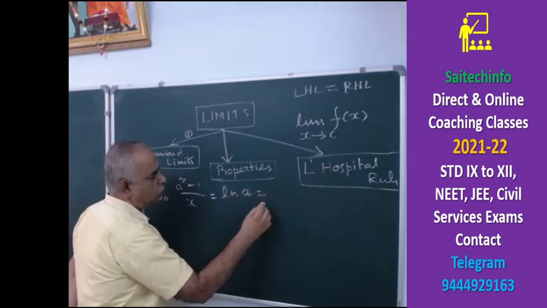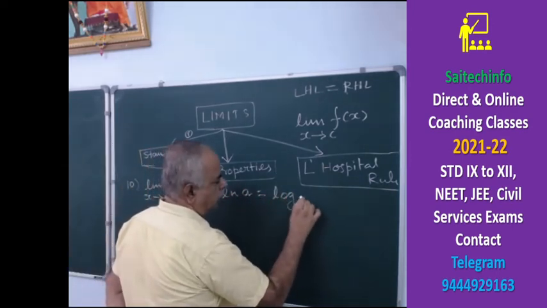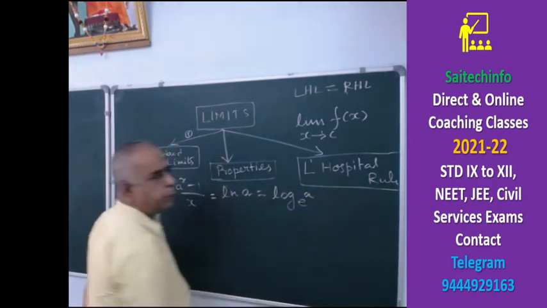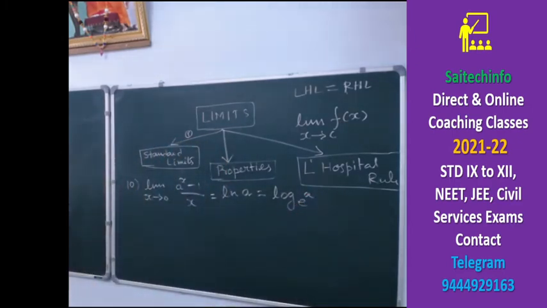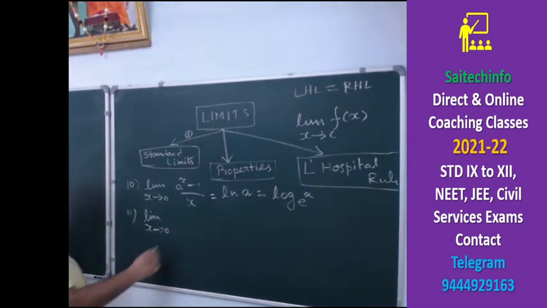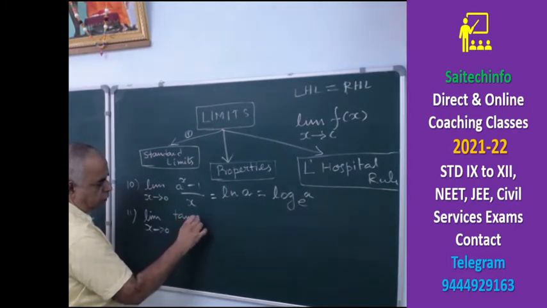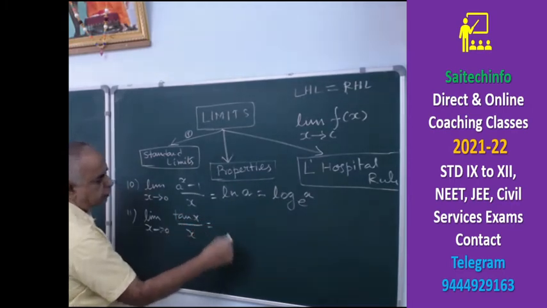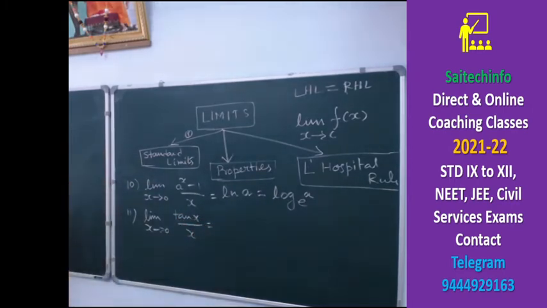It means log a to the base e. Okay. Next, limit x tends to 0 for tan x by x, that is given as 1.